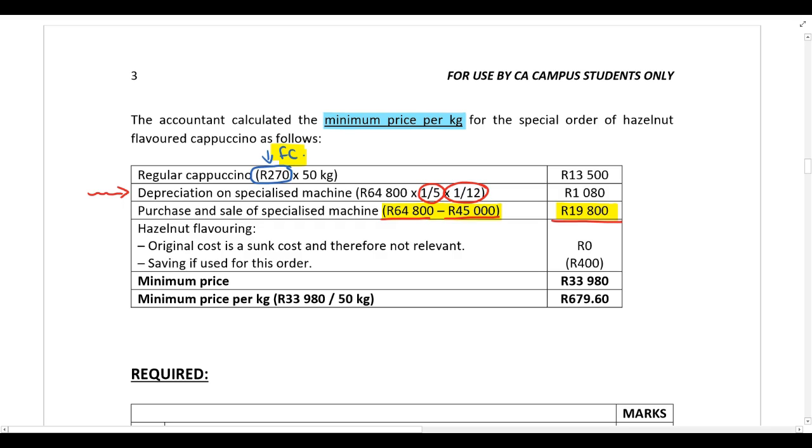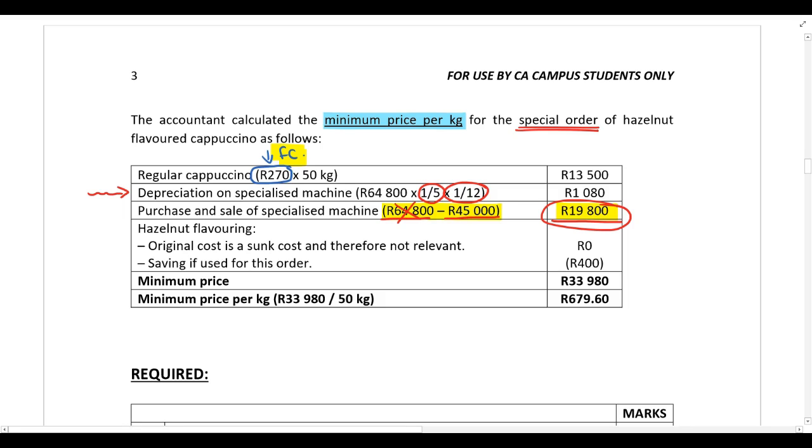And like I said to you, the only time that this calculation can be correct is if the machine was specifically bought for this order, because then it's correct that this cost over here is allocated to this order, because the only reason why the company incurred that cost is because of this specific order. But we know that that's not the case in this question. This machine was not purchased for this order. This machine was purchased for another order in the past.